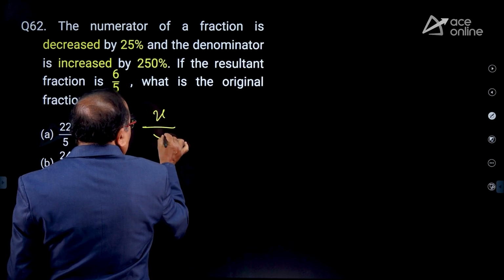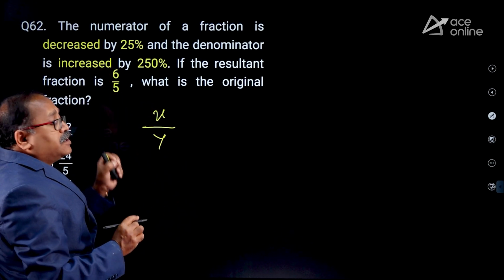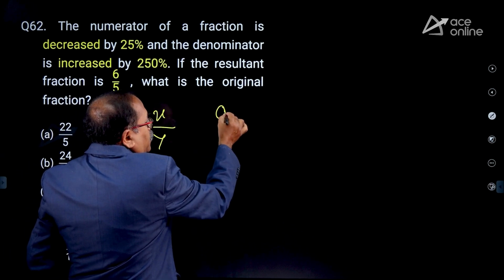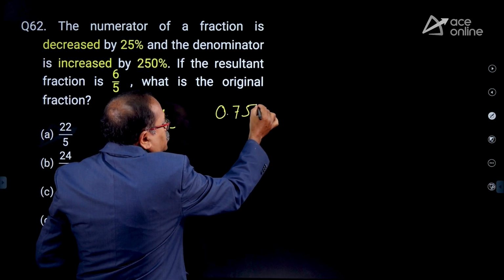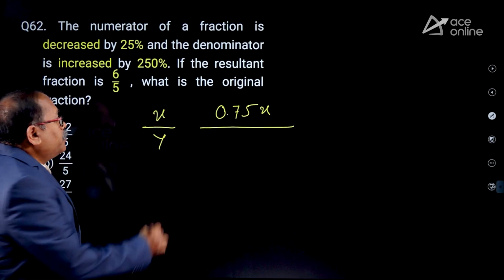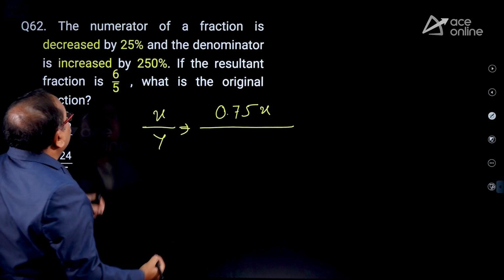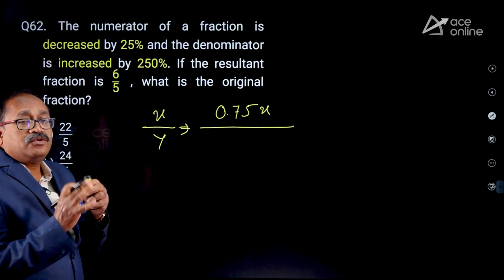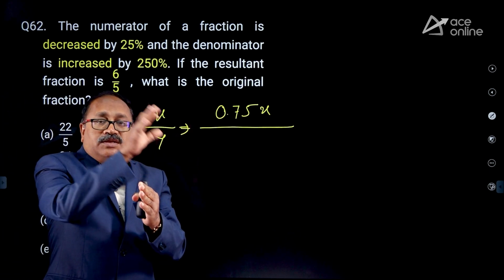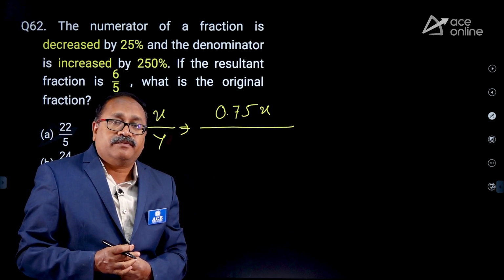x by y. And numerator is decreased by 25%. That means it has become 75%, which can be written as 0.75x. What happened to denominator? It is increased by 250%. That means 100 plus 250. It becomes 350.